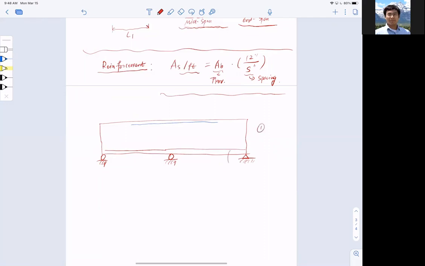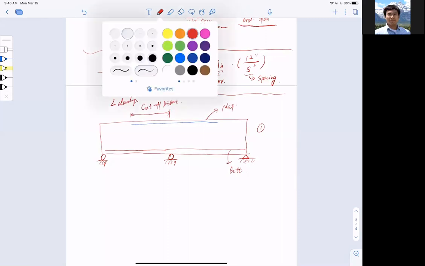I'm just going to lay the bottom reinforcement continuously and lay the top reinforcement only in the segment that has a negative bending. But be careful, I need to extend it to a certain distance, and this is the cutoff distance, meaning that the bar needs to be developed to reach my yield stress. Okay, so that's one way to design.